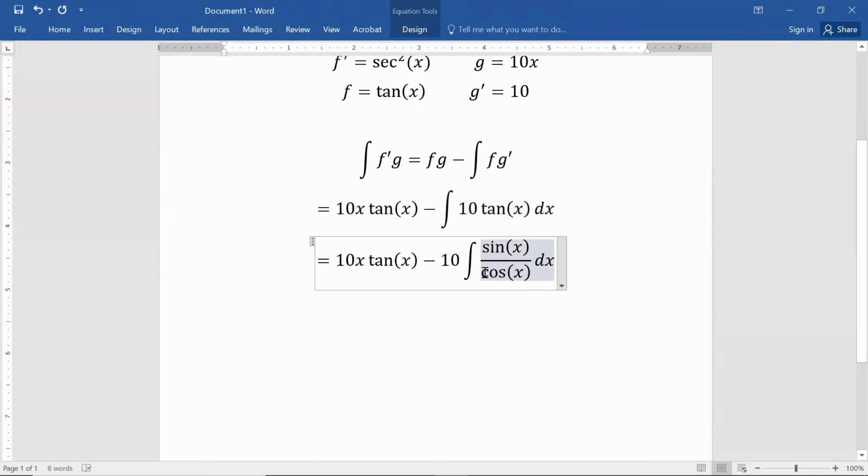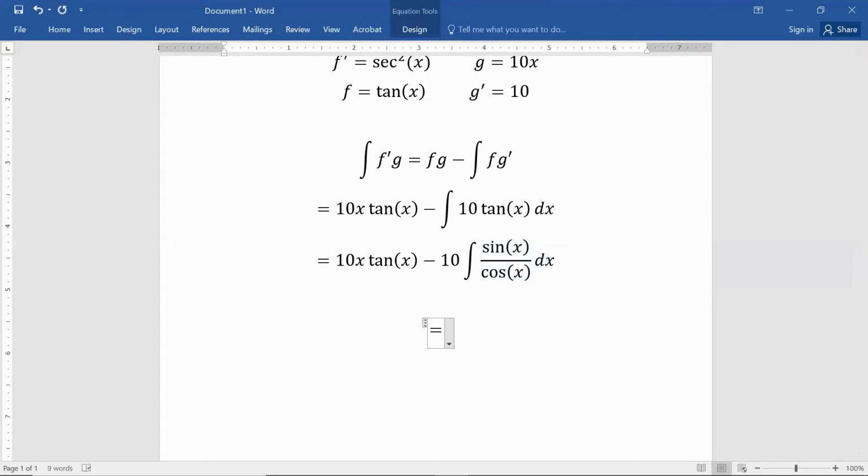And if you set u equals cosine, then the derivative is negative sine times dx. I'm using a u substitution.